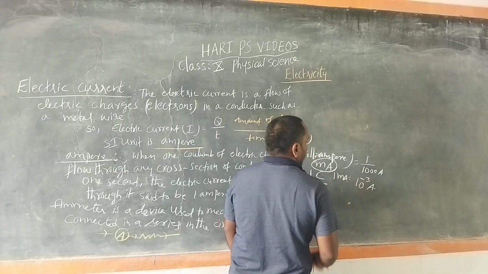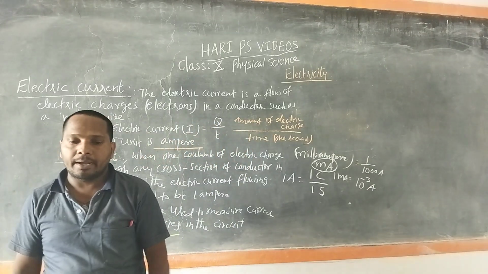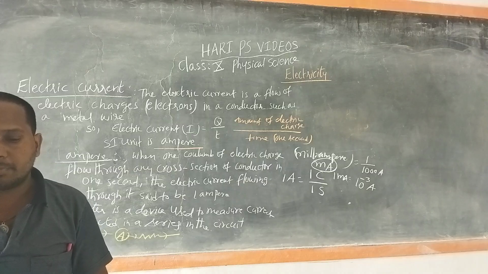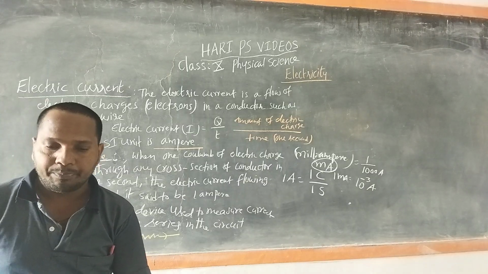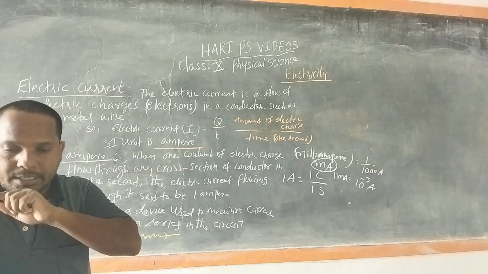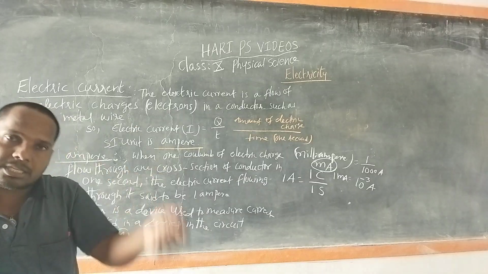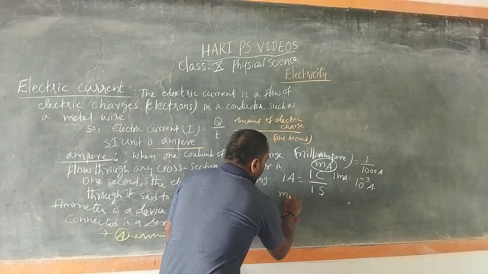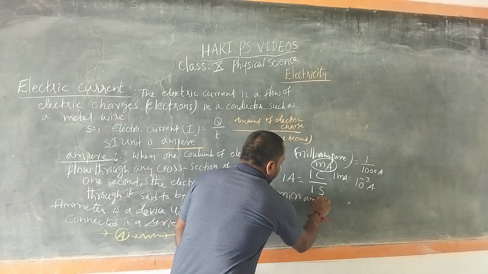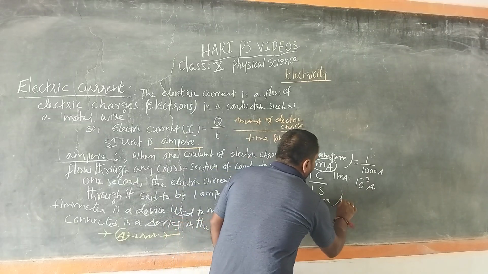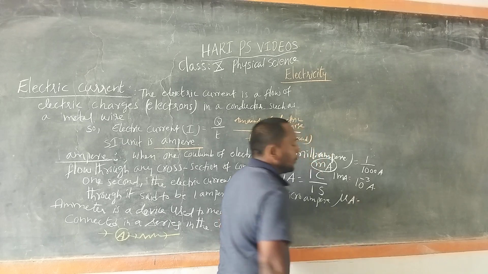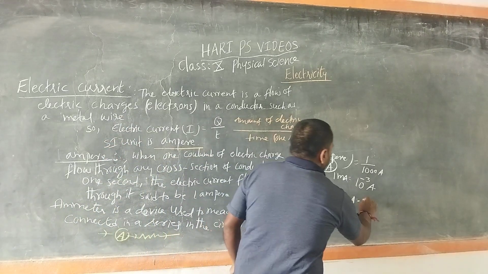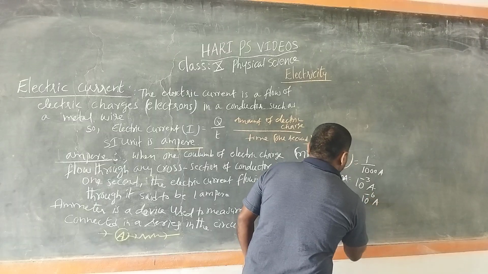Small quantities of current are expressed in milliamperes. A still smaller unit is the microampere, mu A, which is equal to 10 power minus 6 ampere.